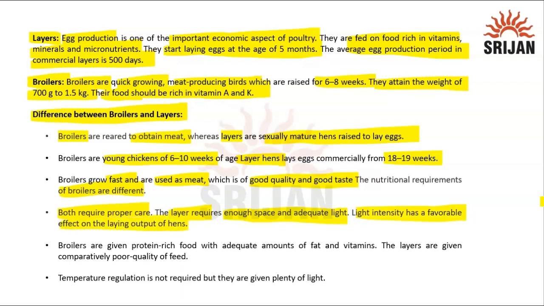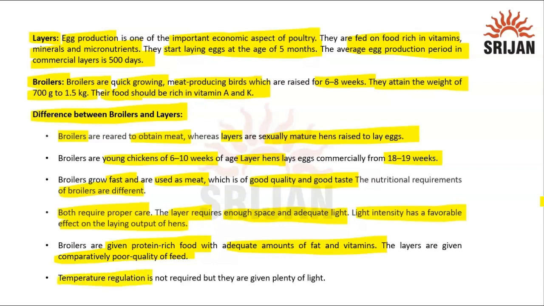Now, if I talk about the diet, as I already told you, broilers are given protein-rich food with adequate amounts of fat and vitamins. Whereas the layers are given comparatively poorer quality feed, because again, the whole point of utilizing them is just for the production of meat for broilers, and just for the production of eggs for layers.